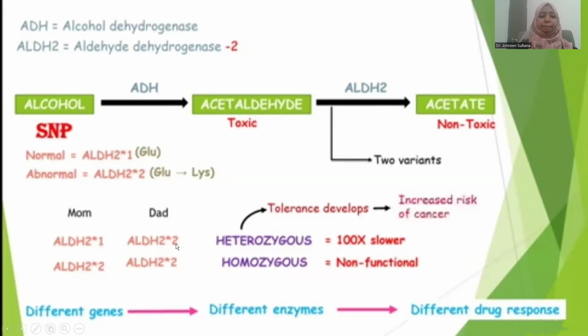It comes under the heterozygous condition. This heterozygous condition develops tolerance, but there is also an increased risk of cancer. The heterozygous condition is 10 times slower, so the metabolizing will be slow here.